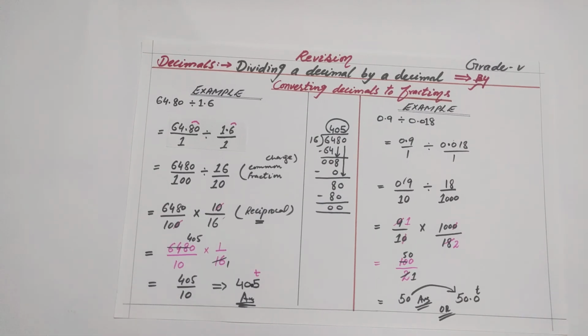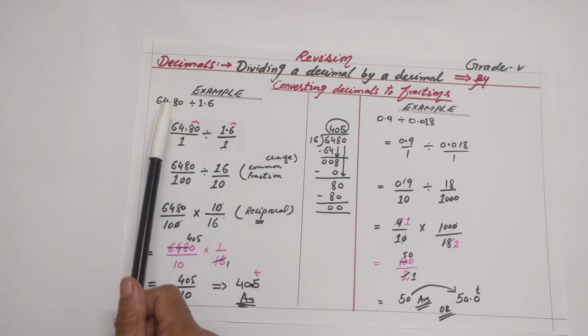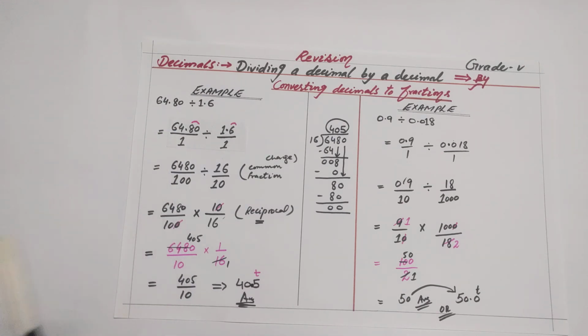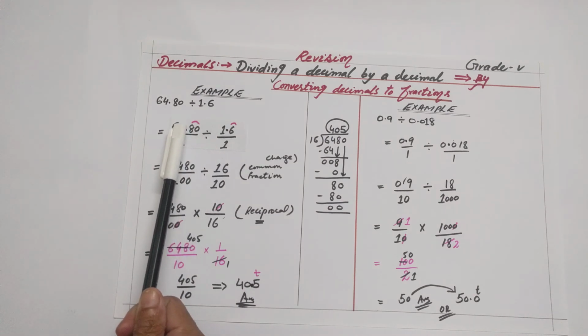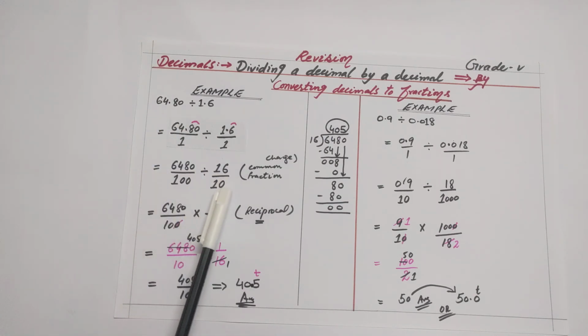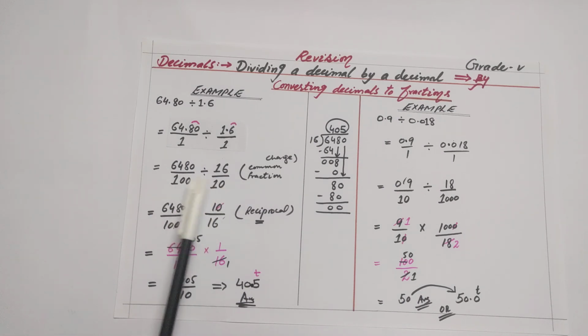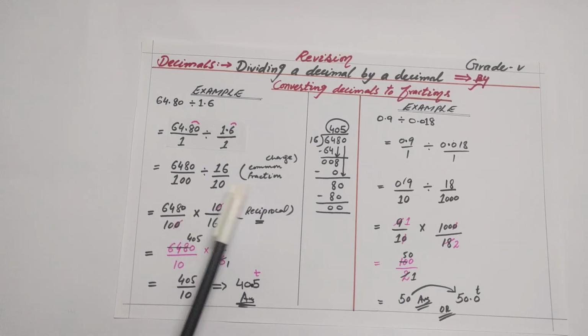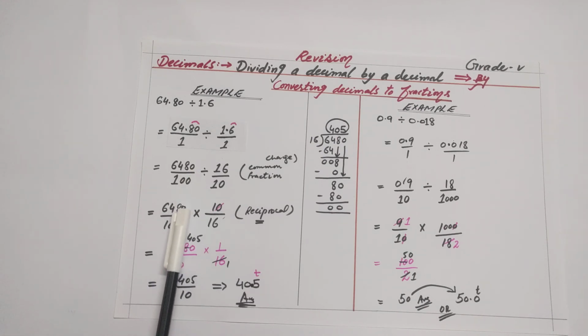So dear students, this one is all about how to divide a decimal by a decimal. In this method the main thing is, firstly you have to convert the decimal into fraction form. For this purpose we are using 1 as a denominator, because 1 will not affect the value of the decimal. After this you have to convert this fraction into common fraction. For this purpose you will convert the division sign into multiplication, and this is a rule that when we change a sign we take the reciprocal of the second fraction.